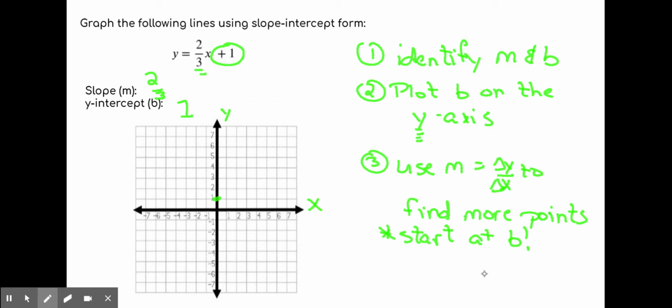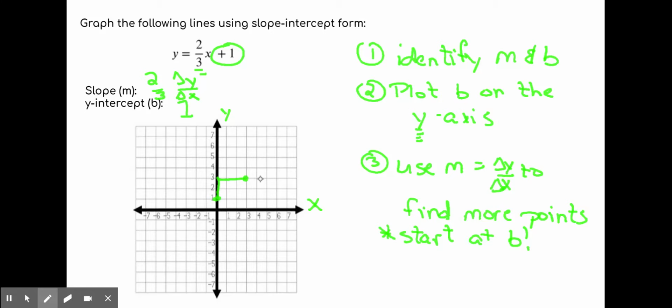Okay, that's your initial value. That's where you need to start. So from here, my change in y is 2 and my change in x is 3, right? 2/3. So my change in y, that's up and down, I'm going to go up 2. This is a positive slope, and my change in x is 3. I'm going to go over 3. So up 2, over 3, I'm going to put another point.